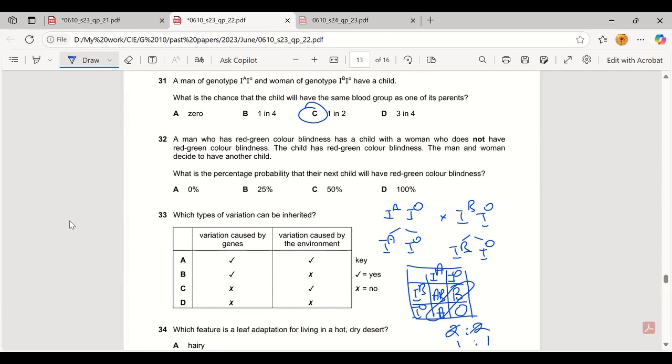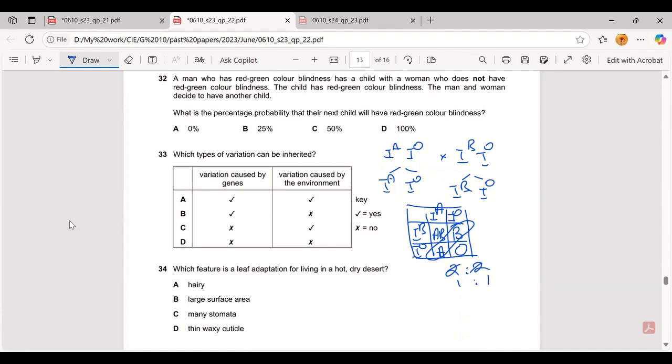Okay. A man who has red-green color blindness has a child with a woman who does not have red-green color blindness. The child has red-green color blindness. The man and woman decide to have another child. What is the percentage probability that their child would have red-green color blindness?